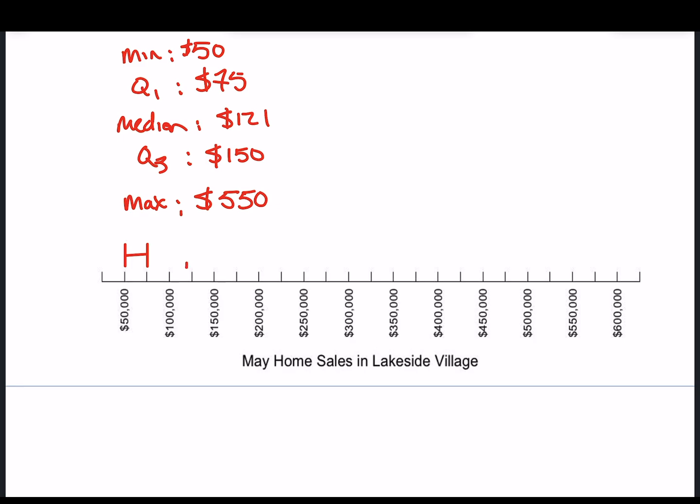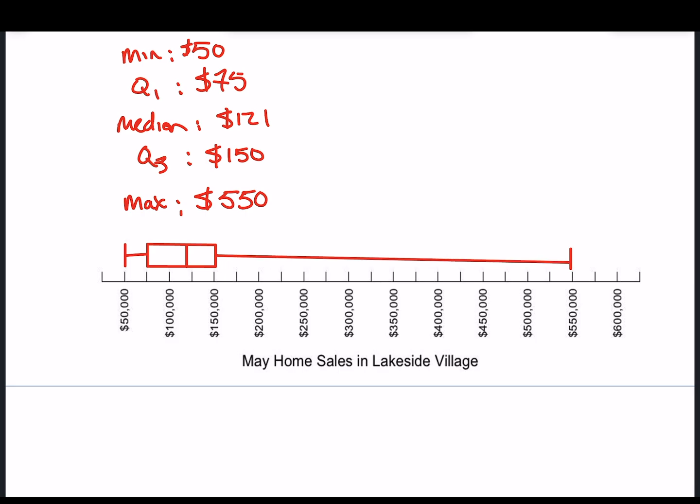Our median is 121, so just a little bit less than 125. Our Q3 is 150. And so from Q1 to Q3, we can draw our box. And then our maximum is 550. And we can draw a line from the edge of the box to our maximum.